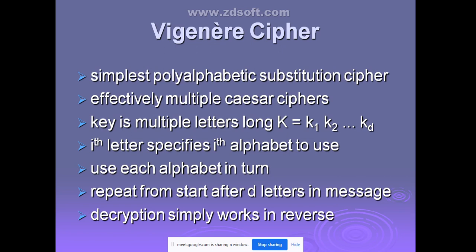Do you remember Caesar cipher? Whatever the plain text letter is, that will be replaced with the third position letter in alphabetical order. The shift may be 3, 2, anything, maximum 25.